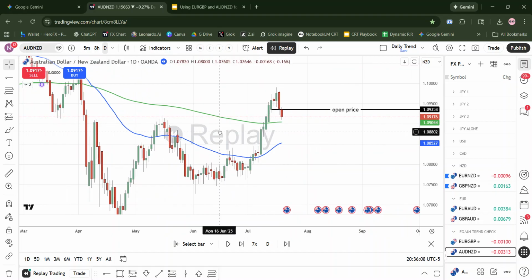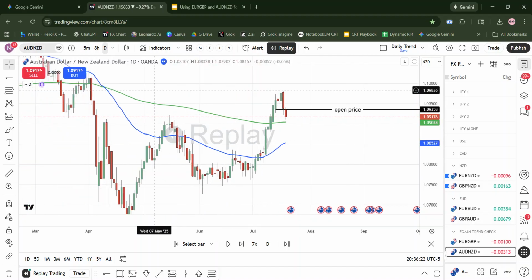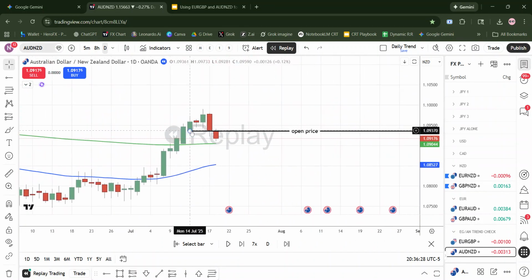So you get conflicting signals. But for the most part, from a technical standpoint, when the 200 is above the 50, until they cross back over, you can say this is just a pullback against this cross right here. It is at a high. So I'm saying all that to say that I'm going to consider this a downtrend.